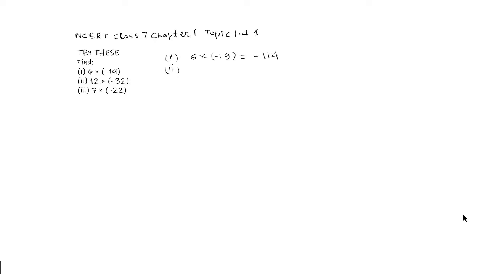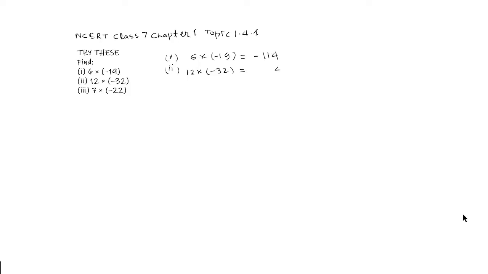The second question is 12 multiplied by minus 32. So we multiply in the table of 12. 12 times 2 is 24.